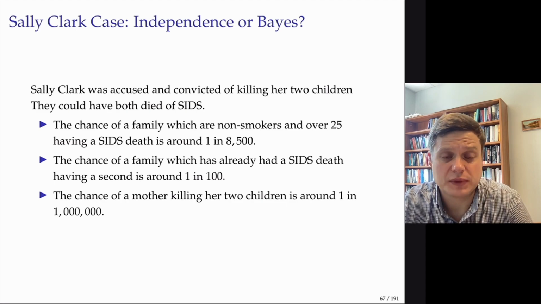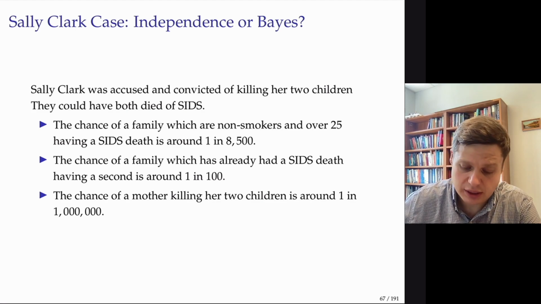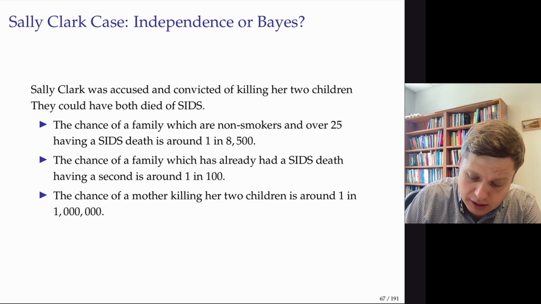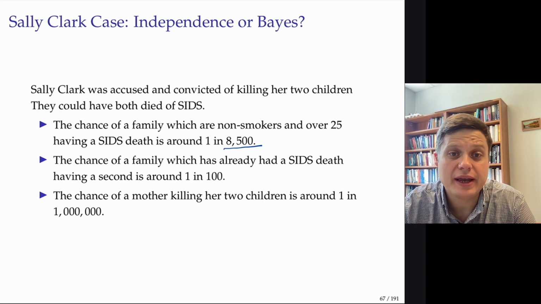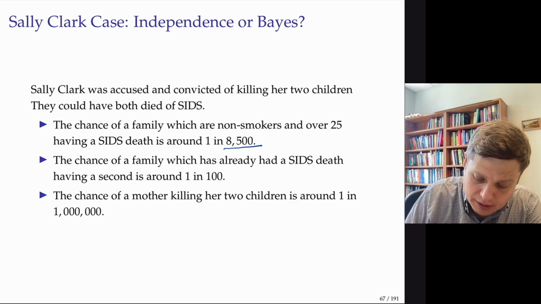And here is some of the conditional information that we're going to use. The chance of a family which is non-smoking and over 25 having a SIDS death is around 1 in 8,500. The chance of a family which has already had a SIDS death having a second is around 1 in 100.